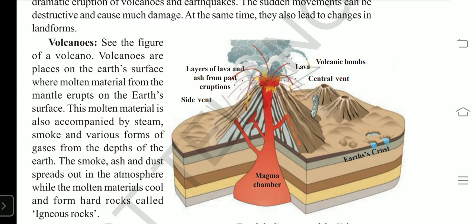Instead, we have seen that there are three layers, that is crust, mantle, core, right? Below the crust there is the mantle. The mantle is in a liquid, molten status. There is high temperature, right?